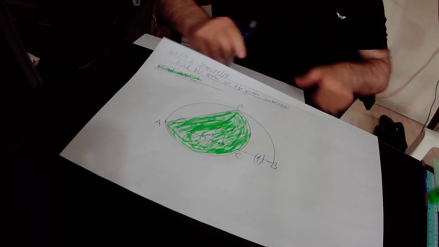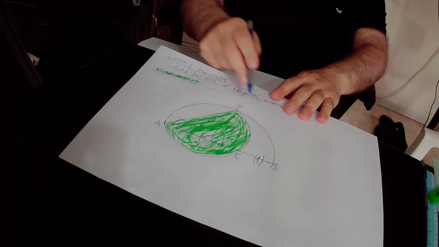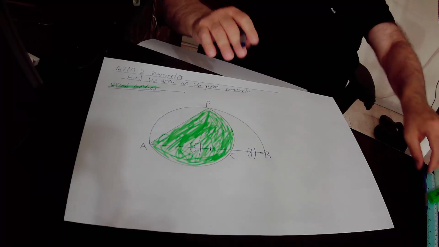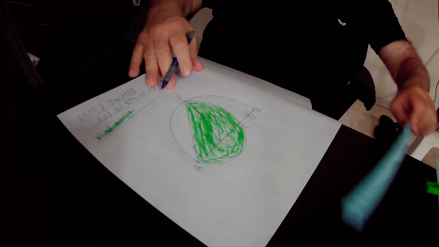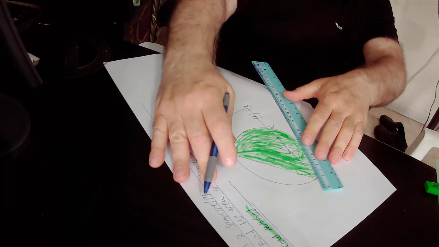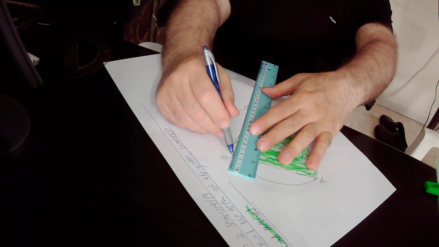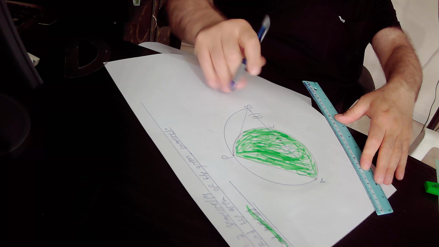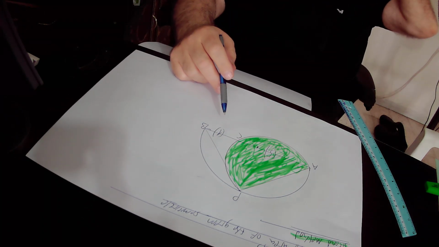In the second method, we'll join points B and P together by a straight line. By joining points B and P, we created here peripheral angle APB in relation to the white semicircle.